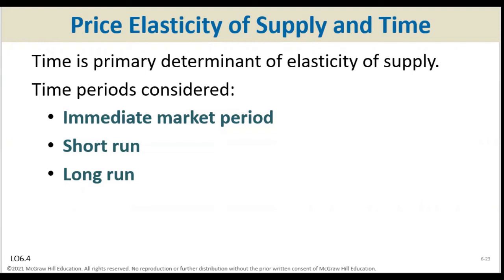in different industries. The immediate market period means that there's no time to adjust output in response to a price change. You don't have time to adjust your output, right? To respond to the price change. So you're going to keep doing what you're doing. Some industries may not have an immediate market period.